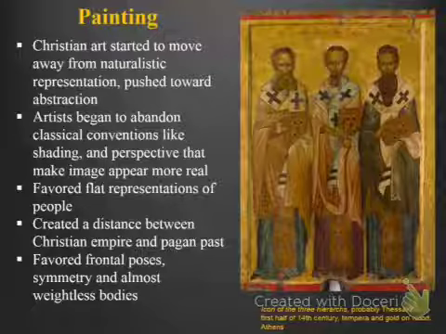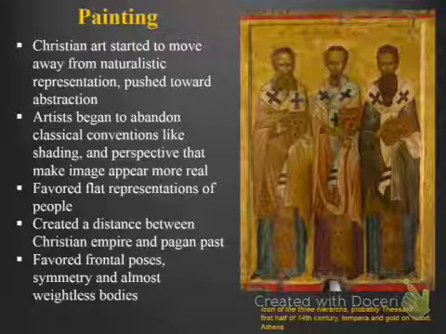And so you also see lots of symmetry when looking at Byzantine art, and you're no longer looking at contrapposto with your body composition. It's usually standing with both feet flat, but they're not really flat on the ground, are they? They're sort of pointed, and they almost look like they're floating.